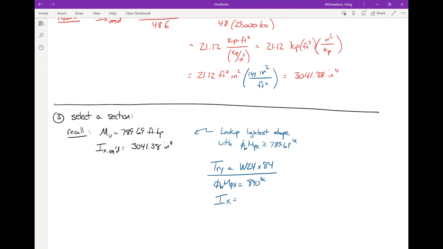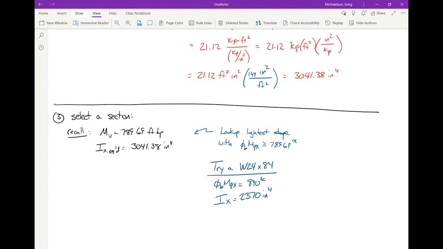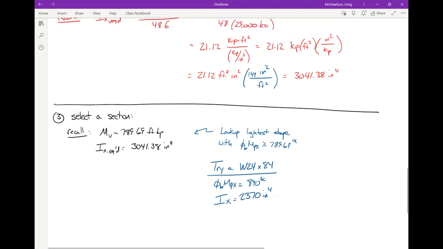You don't need to go all the way to table 1.1. It's in table 3.2. And you got 2370. What does this mean? You're exactly right. We can't use this because it's less than our IX required.